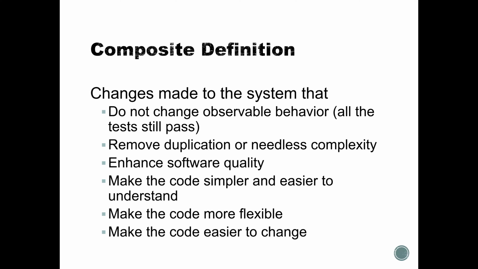So you need to work on these three different factors in order to enhance the software quality. Making the code simpler and easier to understand can also be said to be a best practice for working on the refactoring technique and making the code easier to change. So these are the different things which exactly we are working on in a refactoring technique.